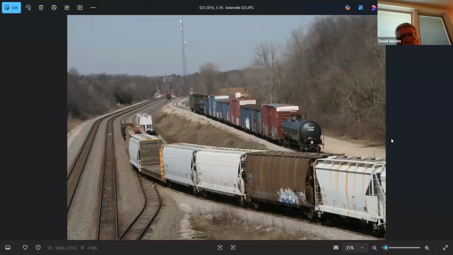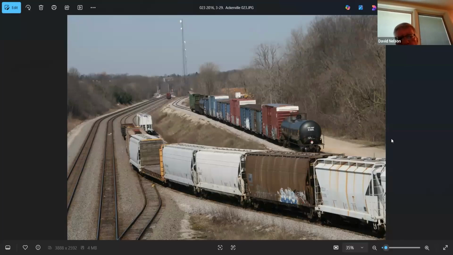Here's another example of a parallel interchange. The track on the right, where you see the freight cars headed by that tank car, that's the Wisconsin and Southern Railroad, formerly the Milwaukee Road that went from Milwaukee up to Horicon, Wisconsin.